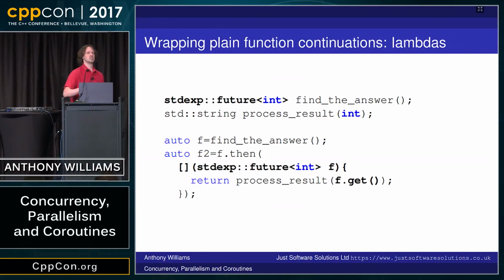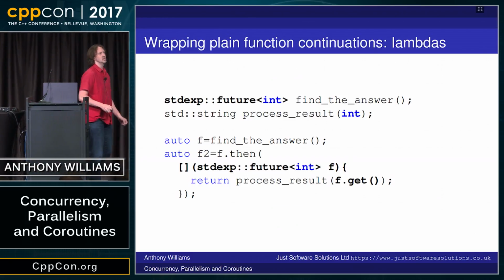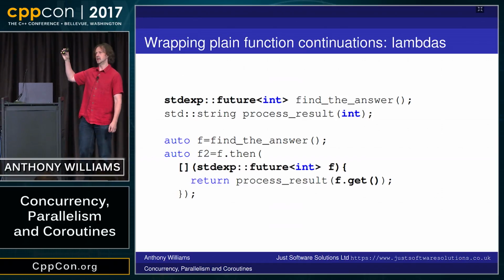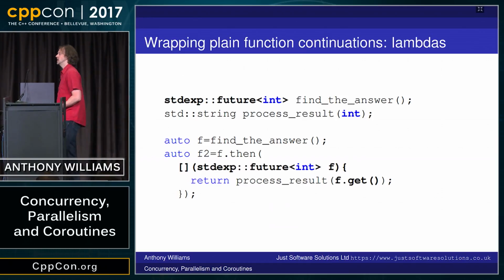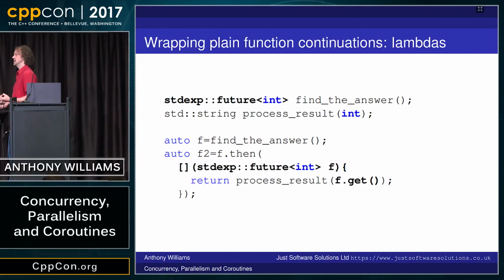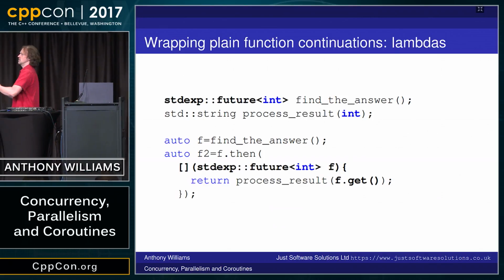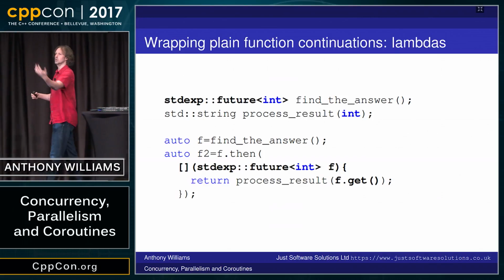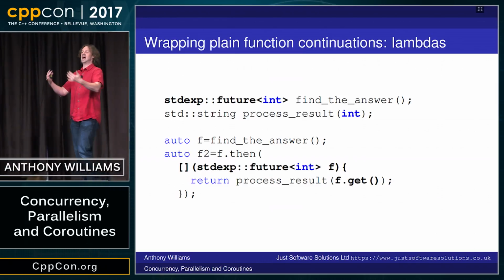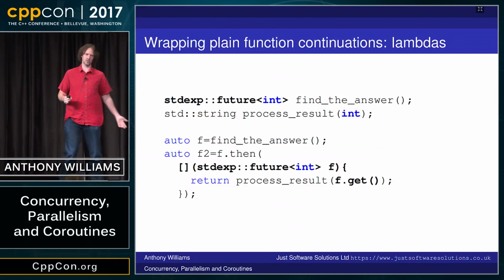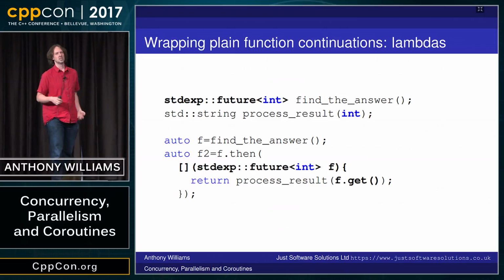If you just want exceptions to propagate and you don't want to handle them, and having a function for your continuation that takes a future as the parameter is undesirable for your circumstance, possibly because you already have a function that you want to use that doesn't take a future as a parameter, then it's easy enough to wrap it in a lambda.